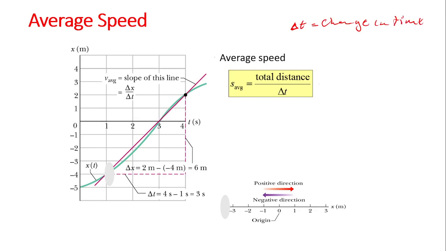So the average speed is just found using total distance over time. And one thing that you need to understand is that its SI units are meters per second.